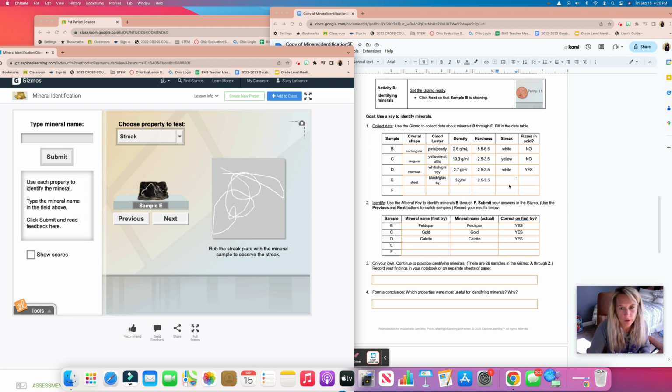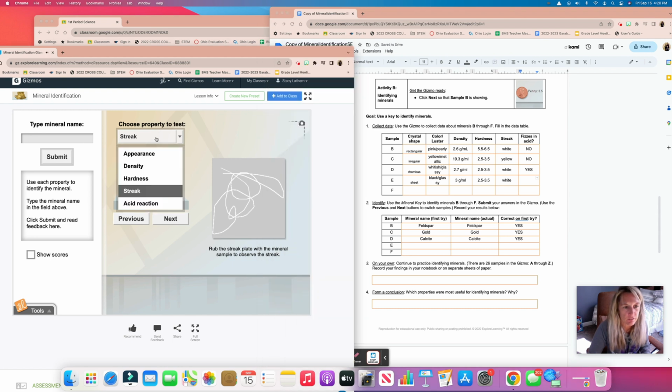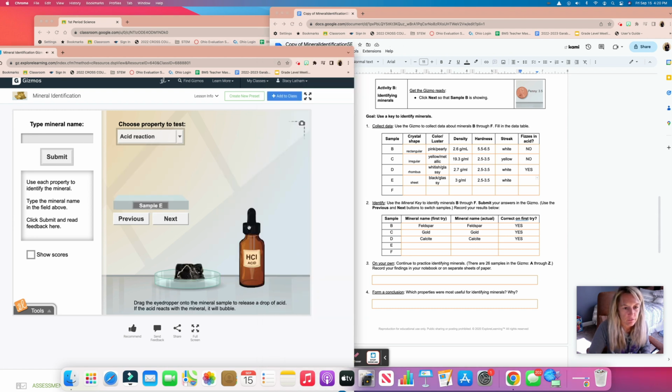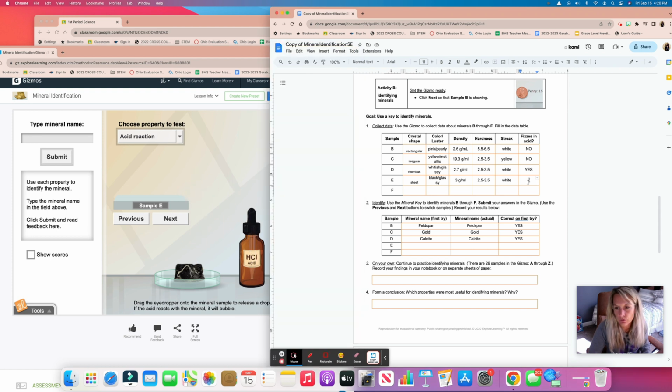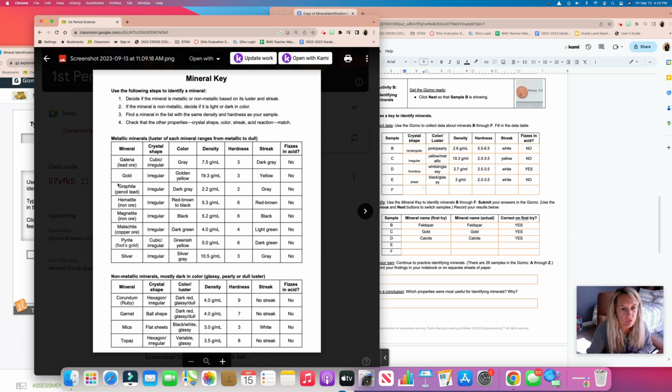It streaks white, so we're going to write white. And next is our acid test. Let's drop some splashes. Does it react with acid? No, it does not.